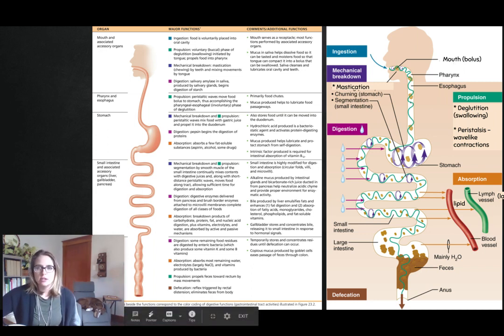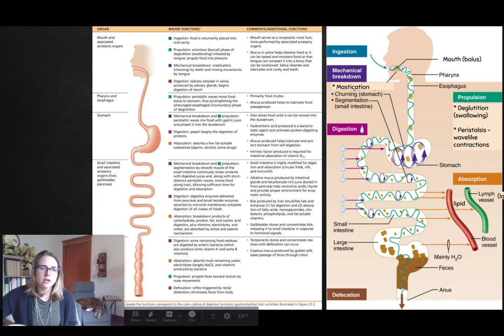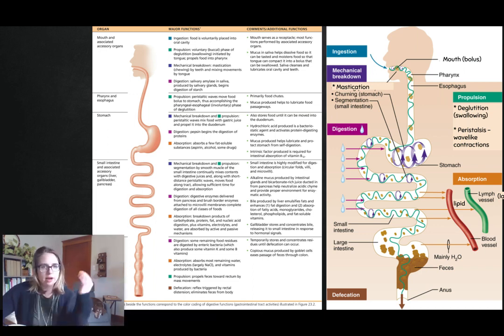I did encourage you guys to sort of color code on your black and white packet, because you can see what parts of our digestive tract have what different processes going on in the entire alimentary canal, the entire GI tract.